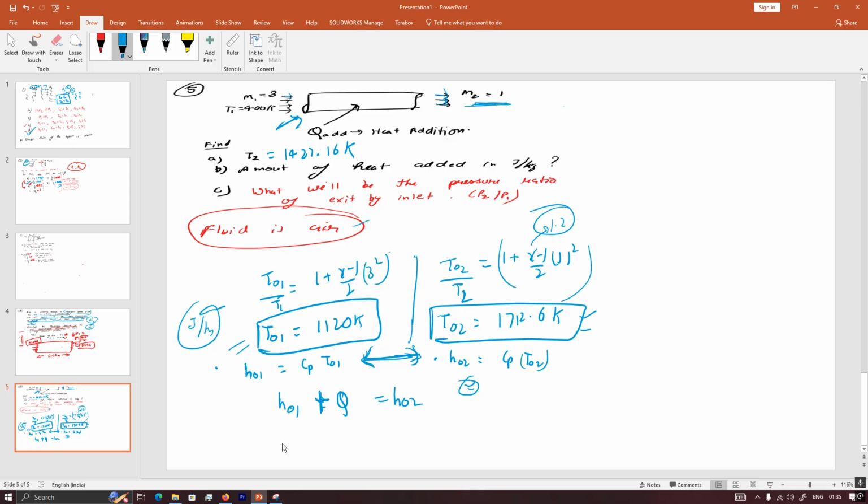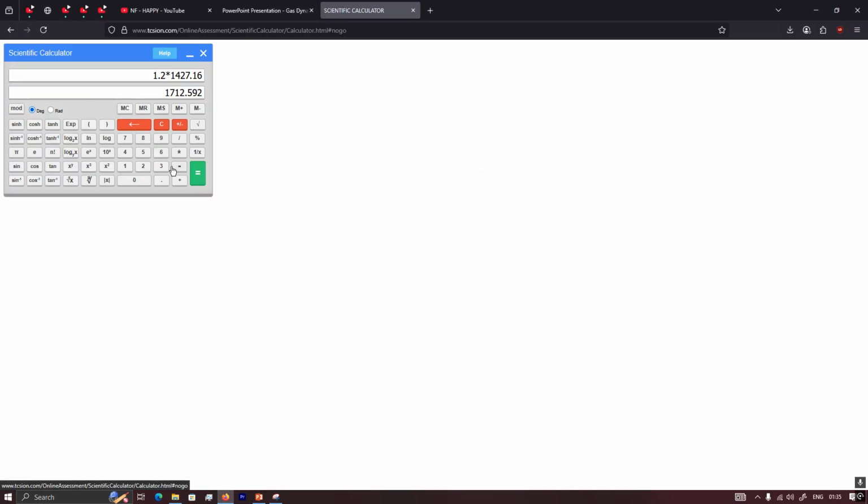So now I can calculate Q. Q will be equal to h naught 2 minus h naught 1, which will be equal to Cp times 1712.6 minus 1120, and Cp value is 1005 joule per kg Kelvin.